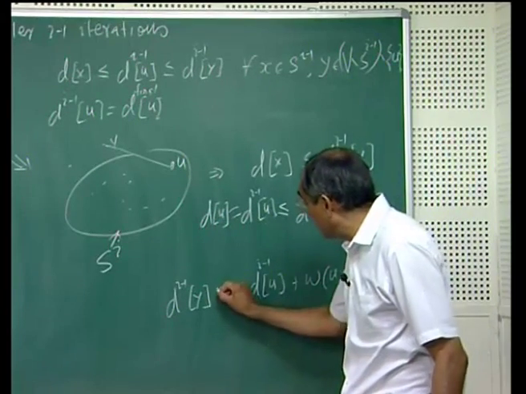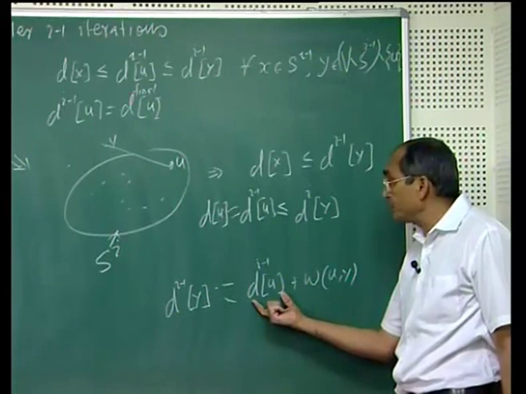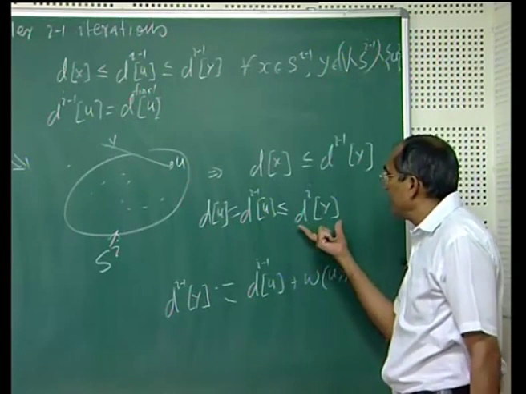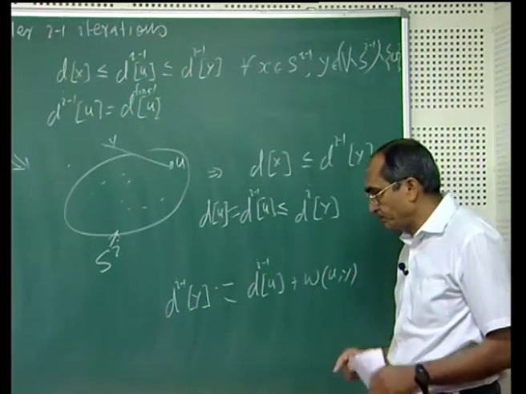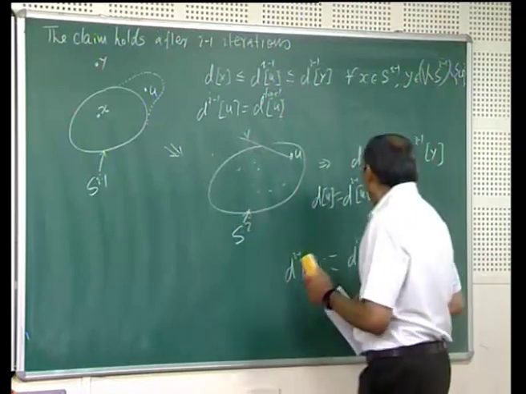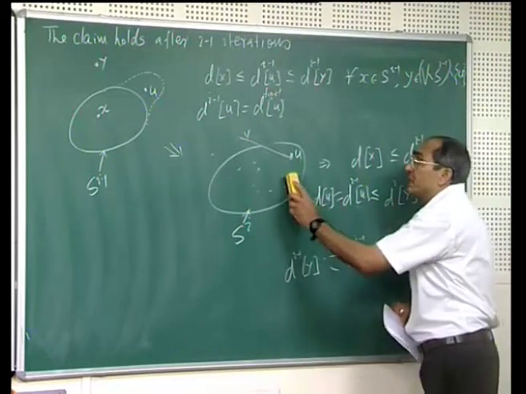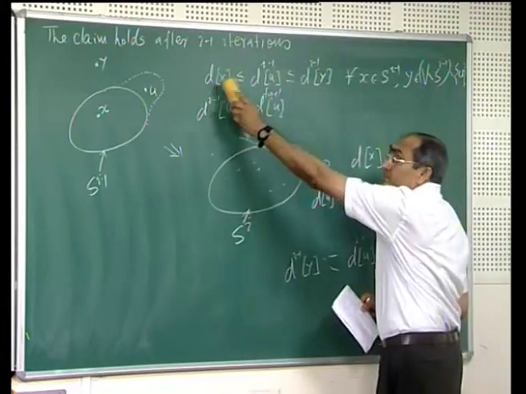Otherwise, we set it equal to this, still it is greater than or equal to this value. So, in all situations, the new value of y remains greater than or equal to this. And this value was greater than or equal to the d value of everybody else here. That was the story here.